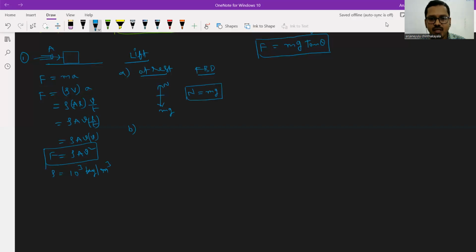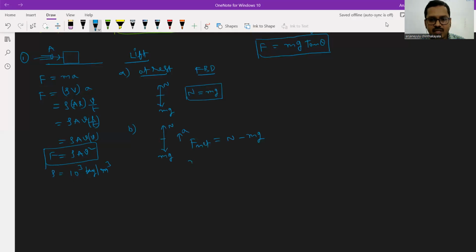Next, second one, if the elevator moves in the upward direction with an acceleration a. Same free body diagram, N and mg, and it is moving upward with an acceleration a. Here, upward force N is positive, downward force mg is negative. Then the net force on the person is N minus mg.